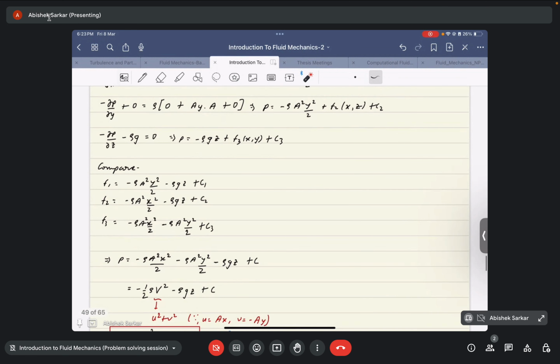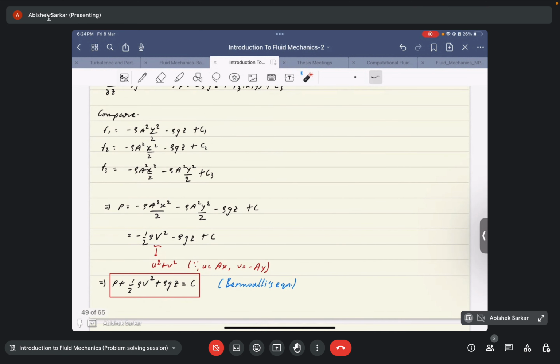Thus we have pressure is equal to minus rho a square x square by 2 minus rho a square y square by 2 minus rho g z plus some constant c. This c you can manipulate in any way possible, it's just a numerical constant. Then since we know that v is equal to a x i cap minus a y j cap, the magnitude of v would be the square root of a square x square plus a square y square, right?